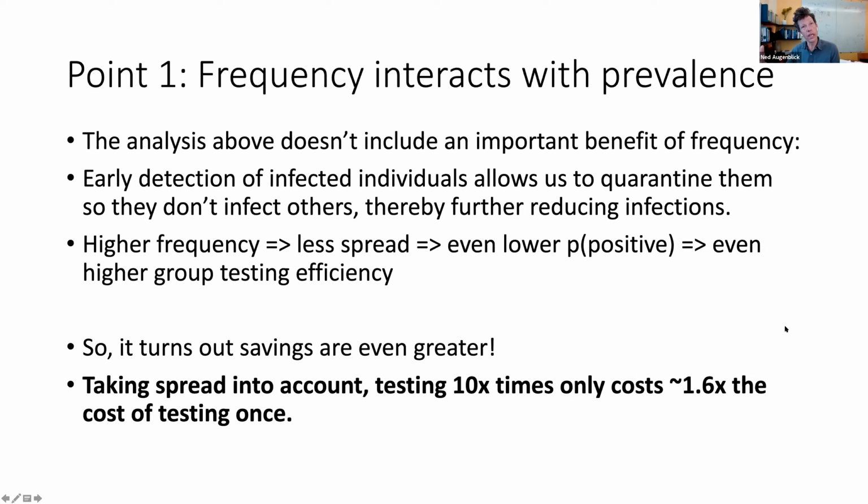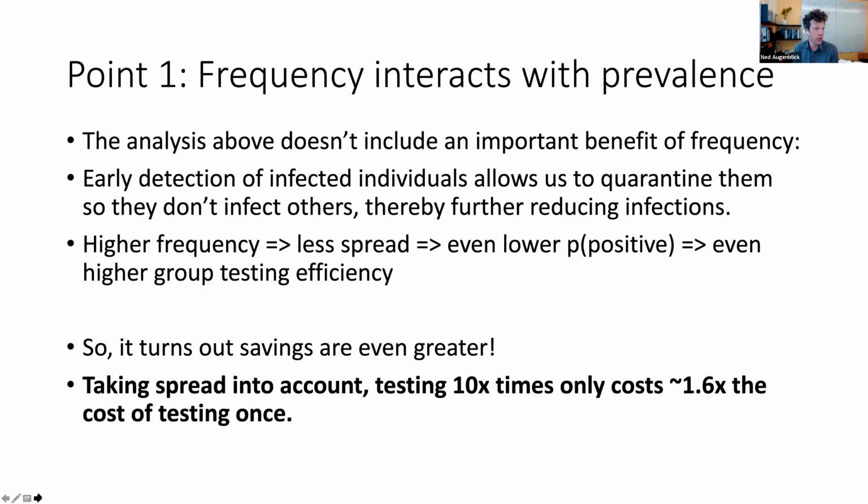So that's another way that we're reducing the probability. We go to higher frequency, that means we get less spread. That means we get even lower probability of being positive, which means even higher group testing efficiency. So taking this into account, testing 10 times doesn't just cost 3 times the cost, but in fact 1.6 times the cost.